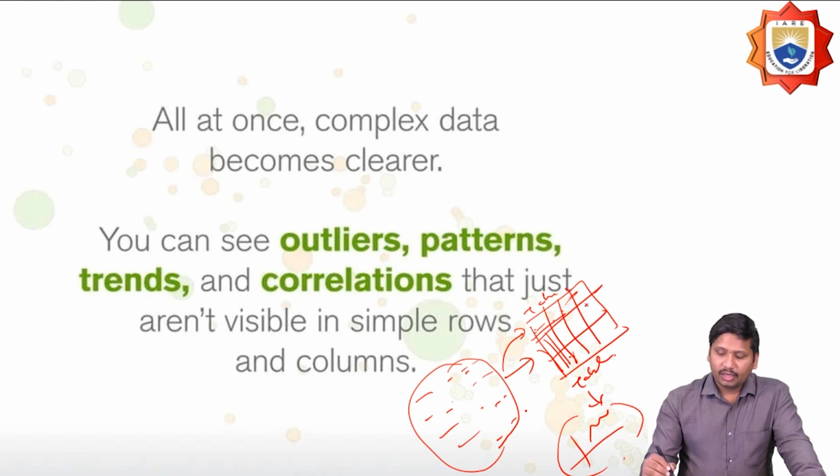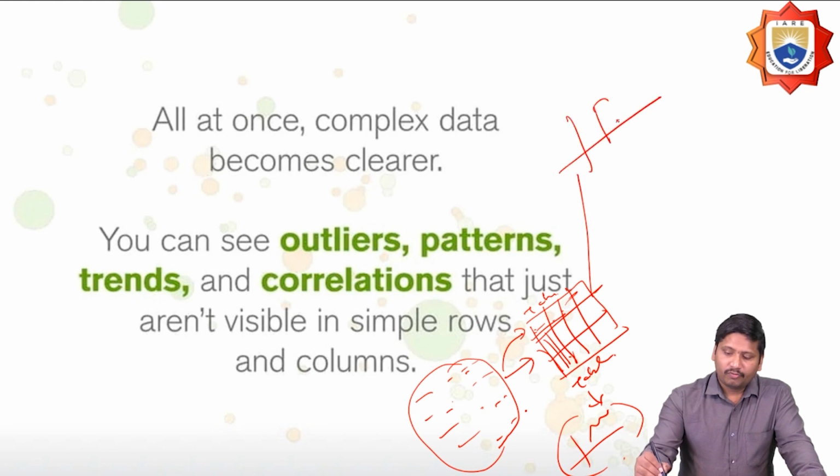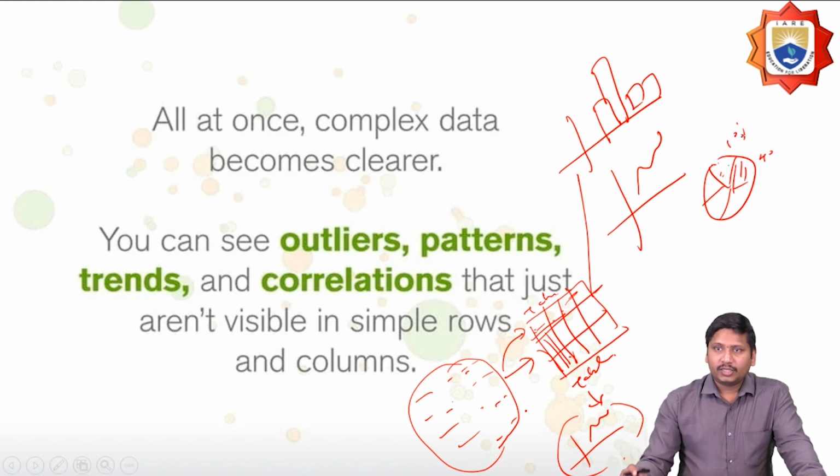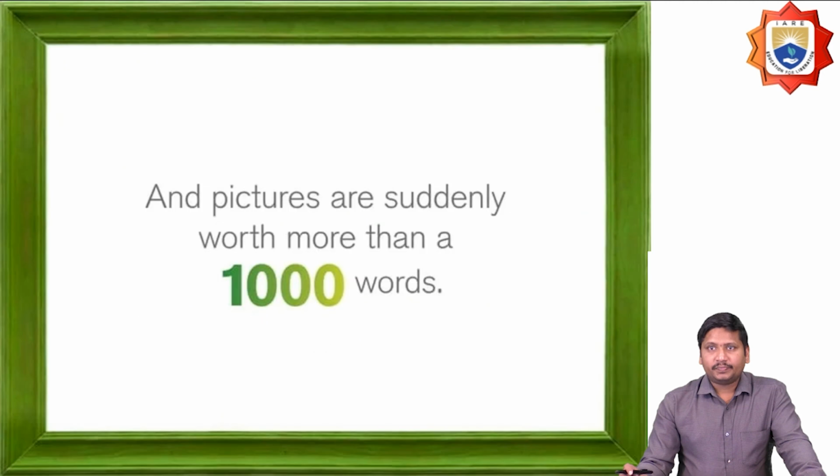If I represent the same thing in the form of a diagram, like a bar chart, a line graph, or a pie diagram, the audience can understand what the data is, how much of it there is in percentage, and what the data is meant for, and can identify it very clearly.